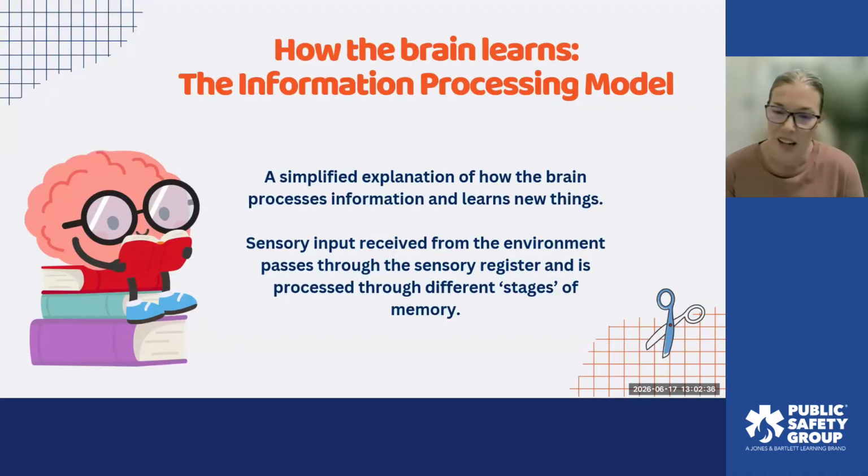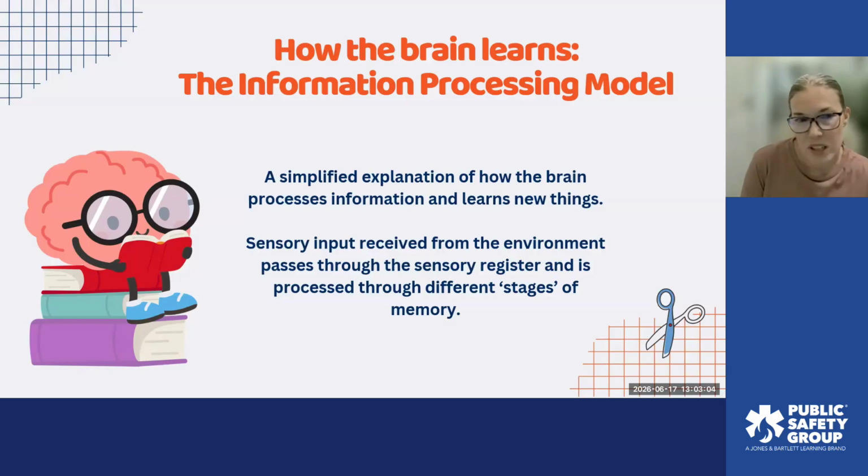So to improve learning and retention, we have to understand how our brain actually receives, stores, and then retrieves information. The information processing model or theory is a really simplified explanation of how the brain processes information and learns new things. So we receive information through multiple sensory channels. It passes through multiple stages of memory.